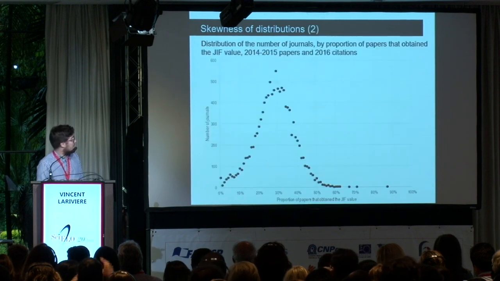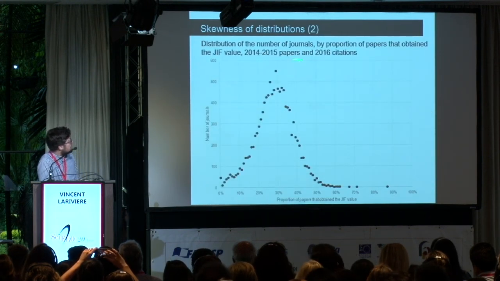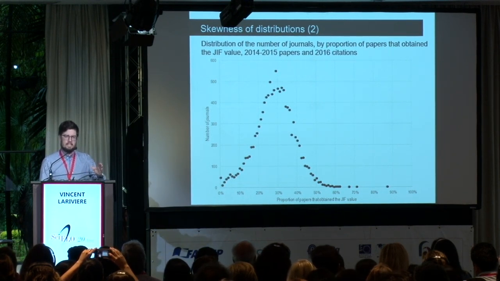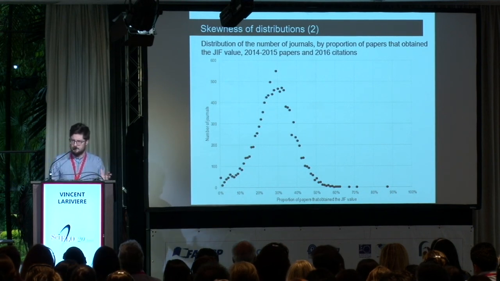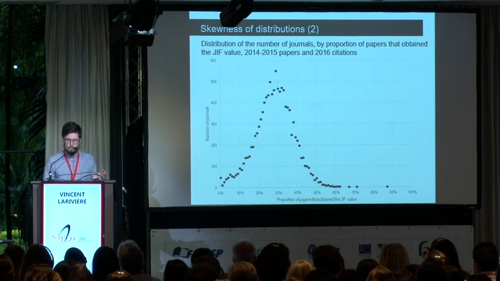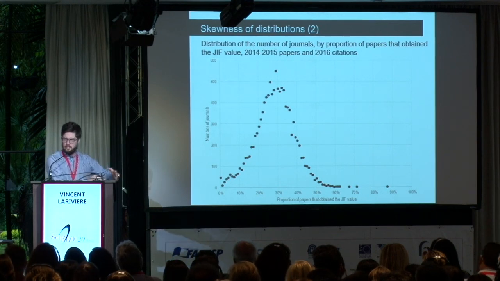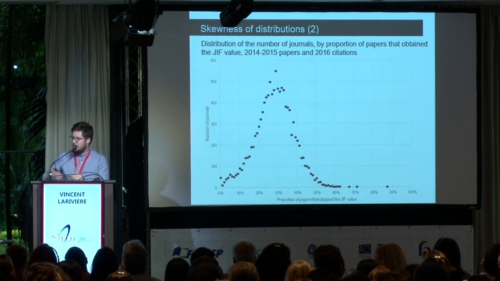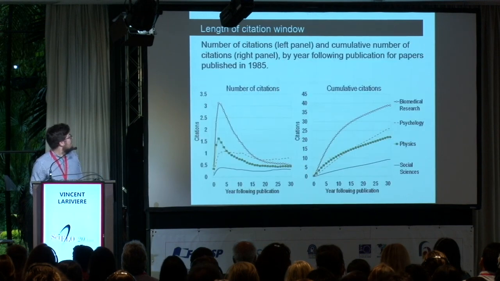And then at the aggregate level, what we see is that for most journals, about 30% of papers obtain the journal impact factor value in terms of numbers of citations. So basically, for any given journal, 70% of papers don't reach the journal impact factor value in terms of citation. So that's a pretty bad predictor of the citations that are going to be received.